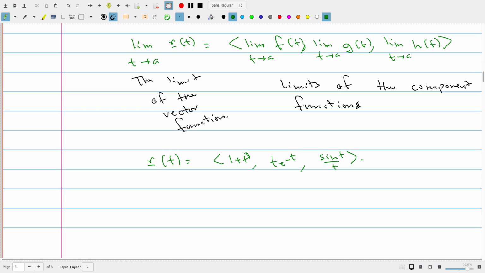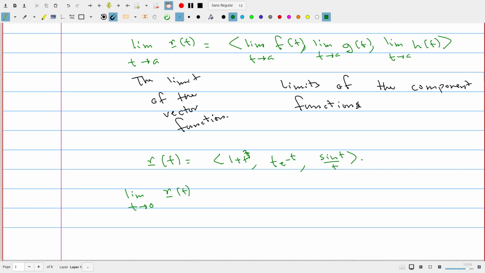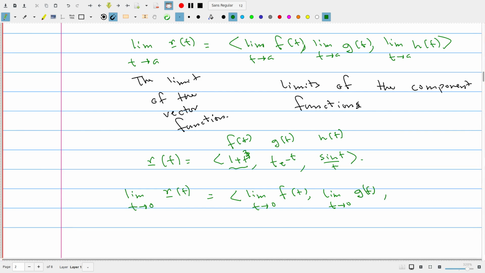We want to find the limit as t goes to 0 of r(t). Now, this is my f(t), this is my g(t), t e to the minus t, and my h(t) is sine t over t. So this is equal to the limit as t goes to 0 of f(t), comma, the limit as t goes to 0 of g(t), comma, the limit as t goes to 0 of h(t).